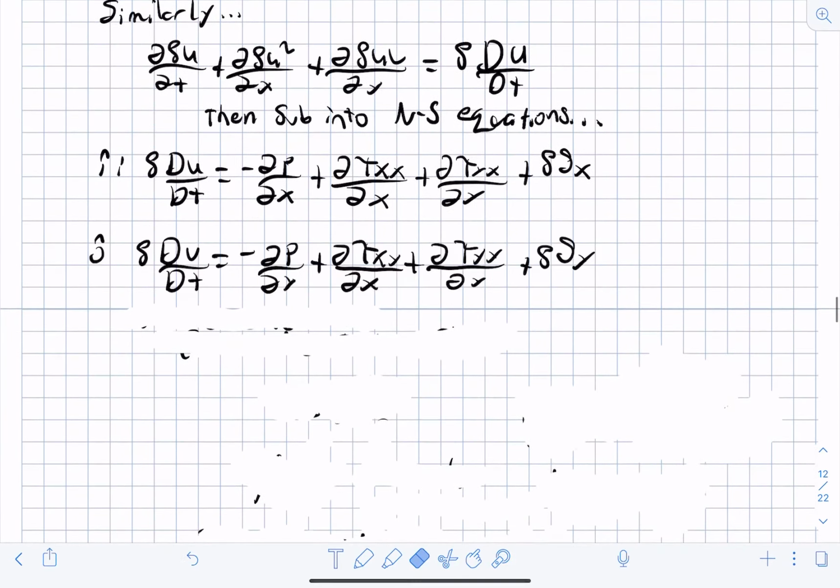Then for the j hat direction, we get the same thing, except it's Dv Dt, and these are forces acting in the y direction, not in the x direction.